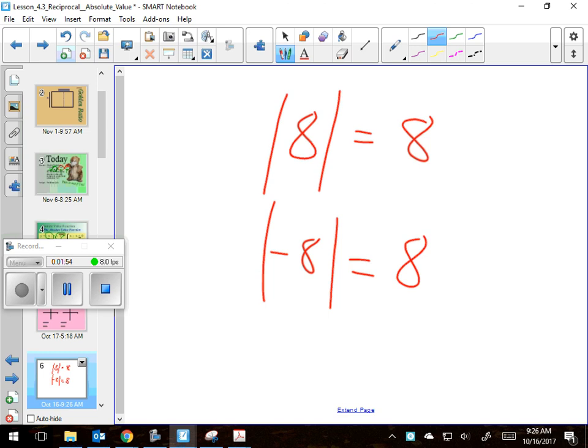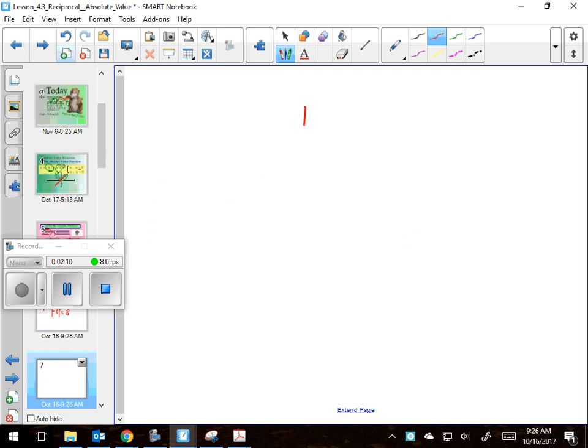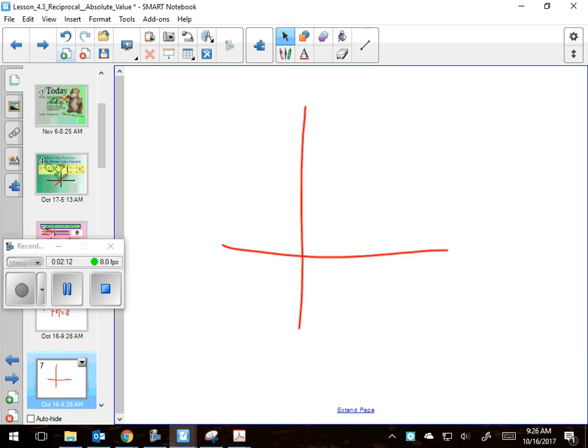Unless you want to argue about 0, because if you have 0 and you take the absolute value, it's still 0. So I guess the lowest it could be is 0. An absolute value could never come out negative. They always come out 0 or a positive number. So when you absolute value a function, here's how I want you to picture it. You've got this function. Let's make one of those hats like this.